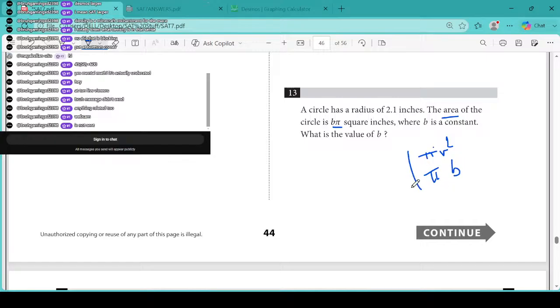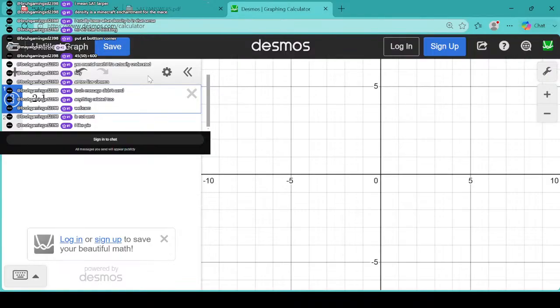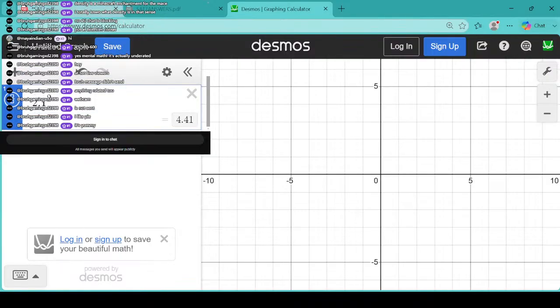So these two are essentially the same. Let me put this so you can easily visualize it. Pi r squared equals pi b. Cancel pi on both sides. R squared is equal to b, so b is equal to 2.1 squared, which is equal to 4.41.